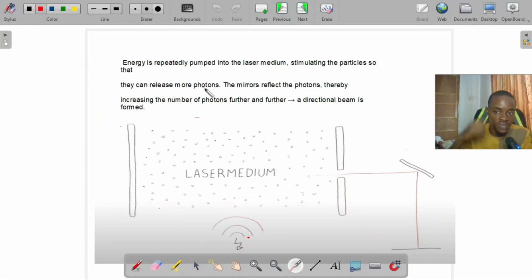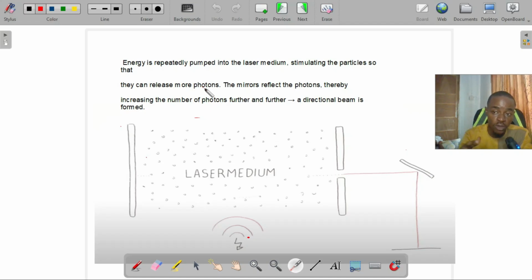So from what we've said so far, when they pump energy into the particles, and the particles then fall back to a basic state, a photon is released. Once that photon hits an excited particle again, and that excited particle then falls back to the basic state, two photons are now being released, which leads to what we call stimulated emission.